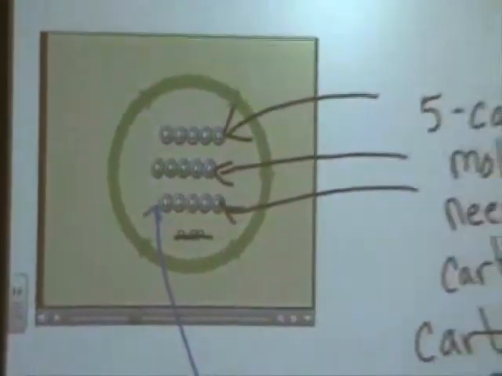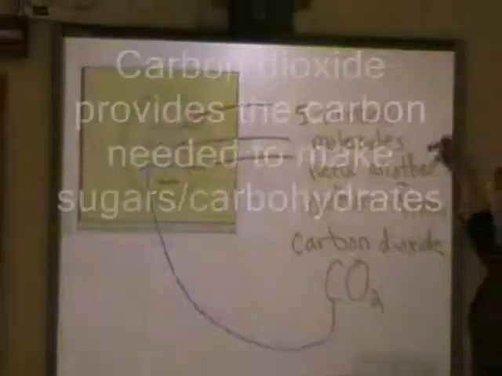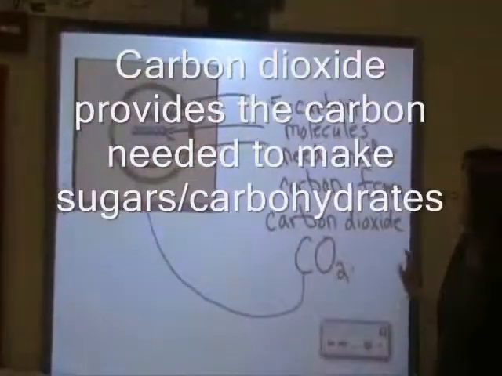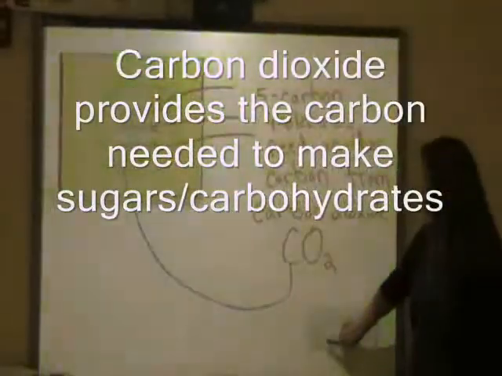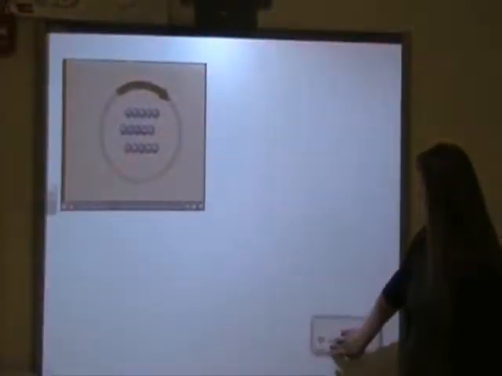In the Calvin cycle, carbon dioxide teams up with a 3-carbon chain that's held within the plant cell, and that makes 5 carbon molecules. But they also need another carbon from carbon dioxide.